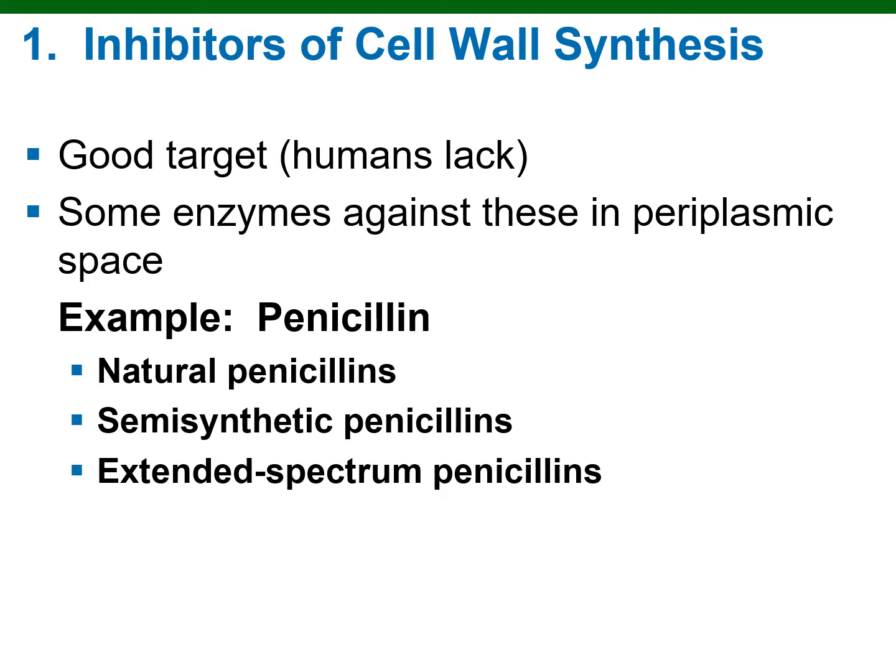The first mode that we can describe further from the previous figure shown is inhibition of cell wall synthesis. And so some antibiotics inhibit the cell wall, and this is a great target inside of the human because we don't have cell walls.